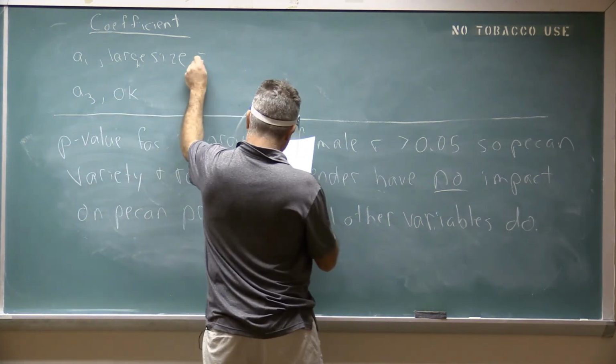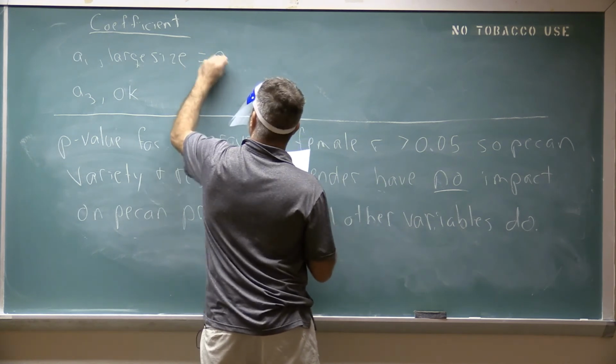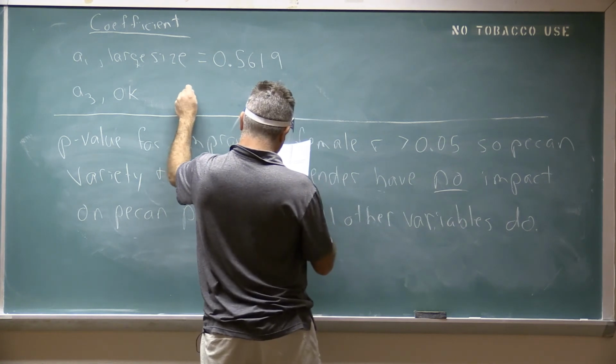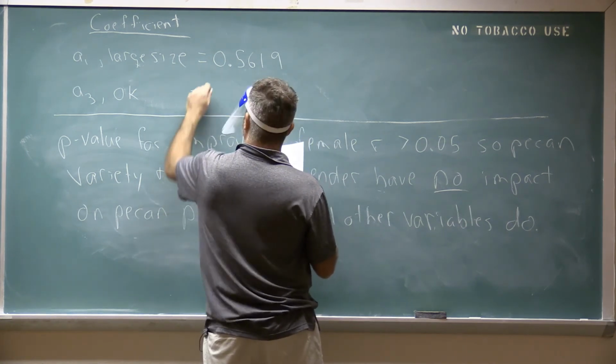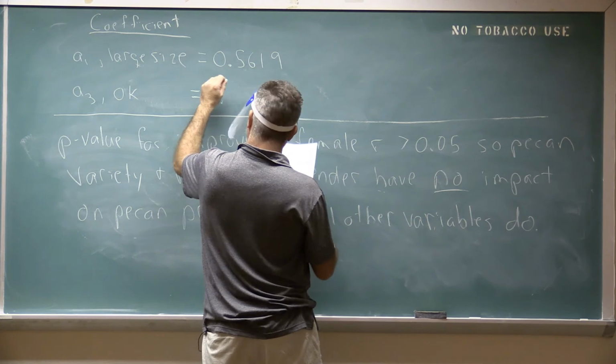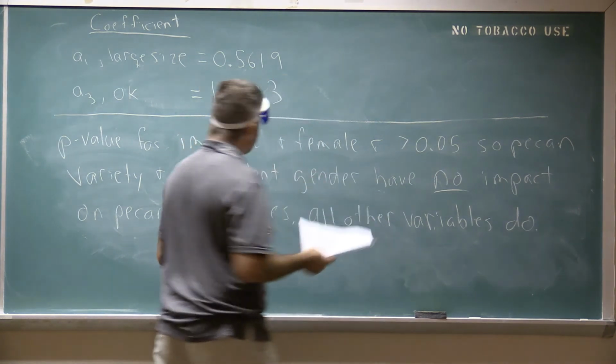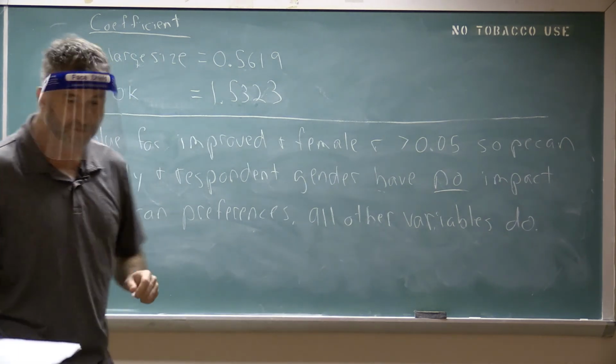The coefficient for large size was 0.5619. Coefficient for Oklahoma is 1.5323, and we know they matter because the p-values are less than 0.05.